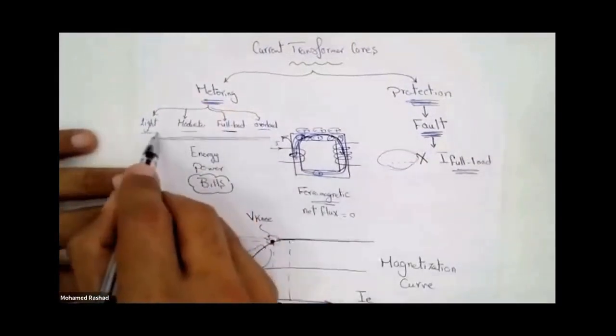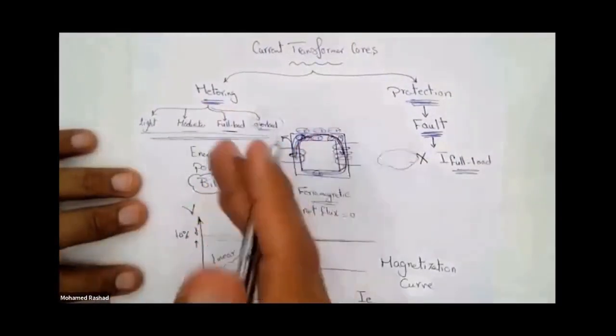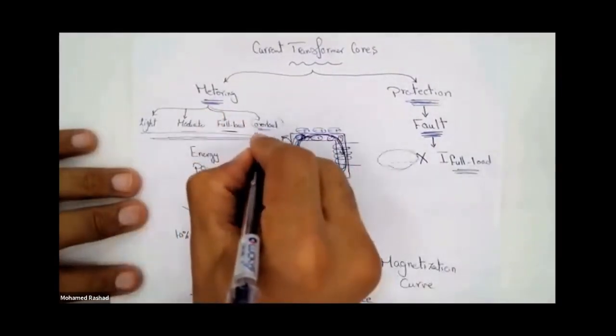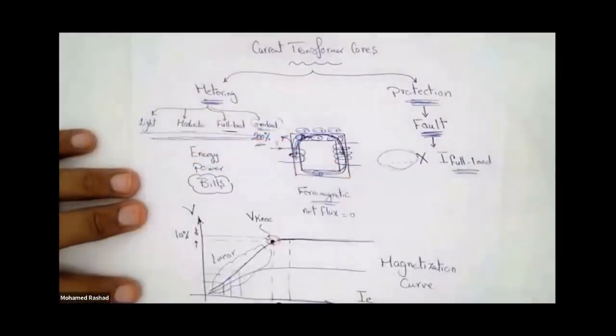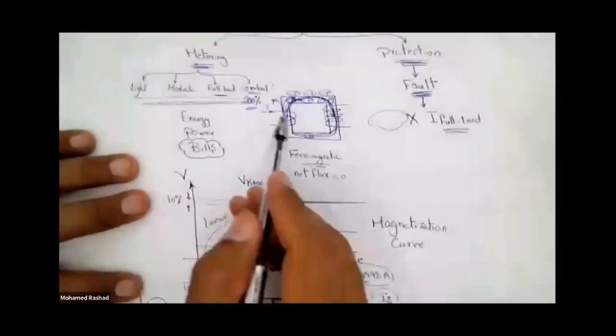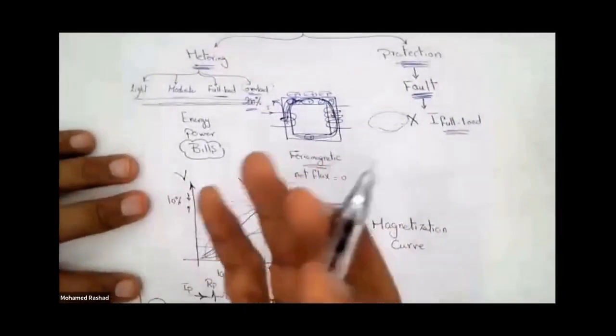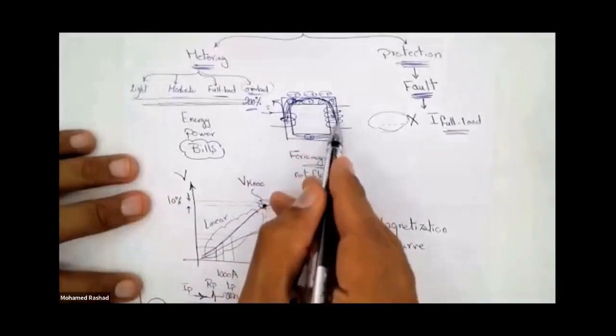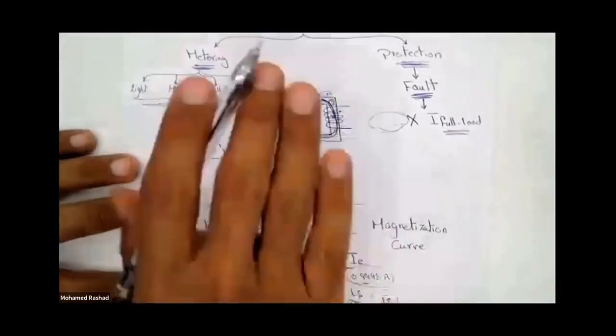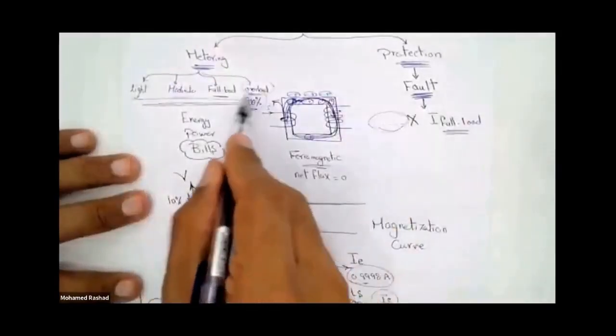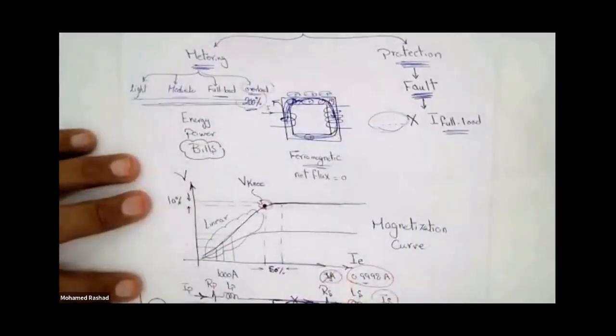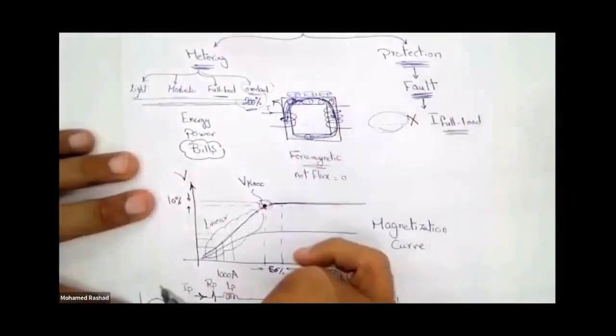It is concerned with reading currents up to an overload of 150% to 200% of the rated current. Therefore, it is important that this core reaches its saturation, meaning all its dipoles are aligned, at around 200% of the rated current value.